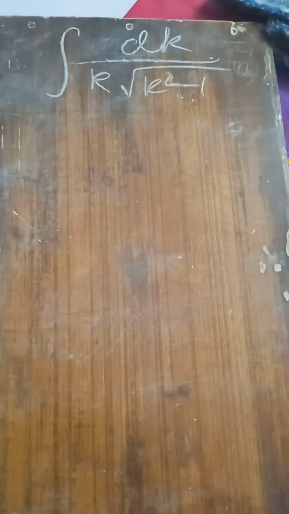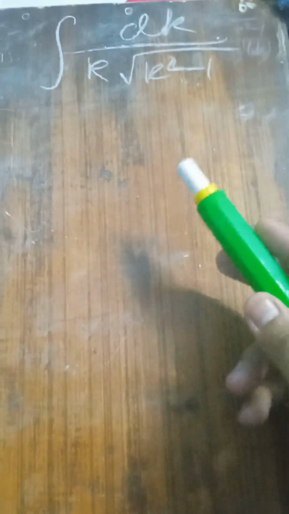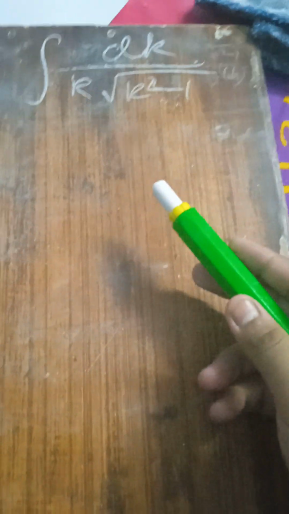And for the other one, the integral dk by k root of k square minus 1. You may simply see that if I take the derivative of sine inverse, sorry, my bad. I wanted to write sec inverse, I'm so sorry. I wrote sine inverse, but it's actually the derivative of sec inverse.